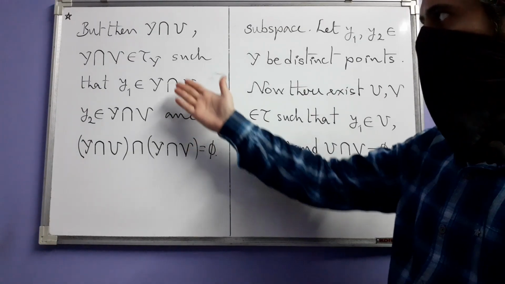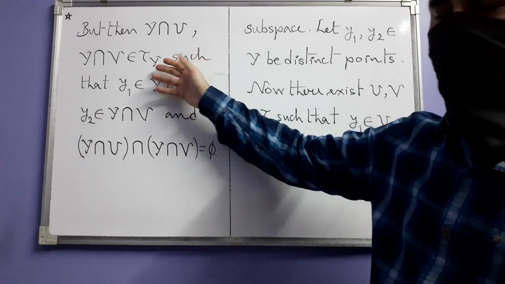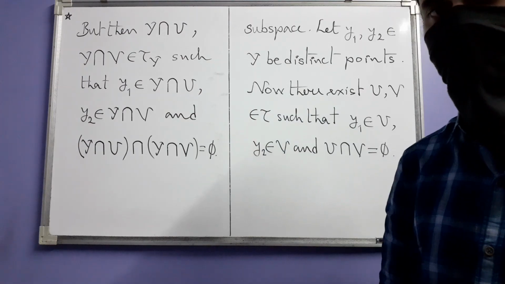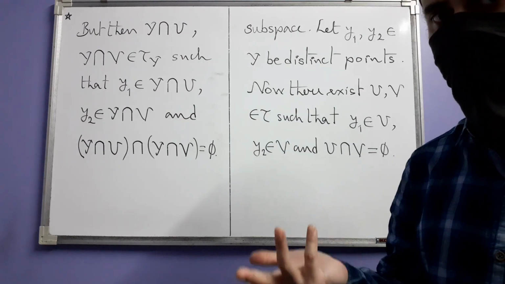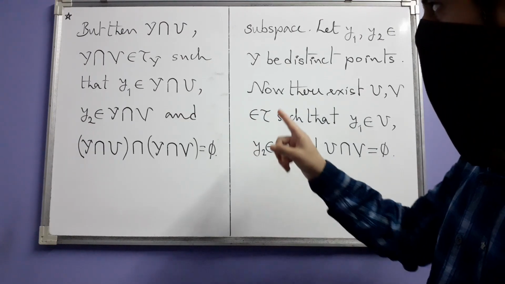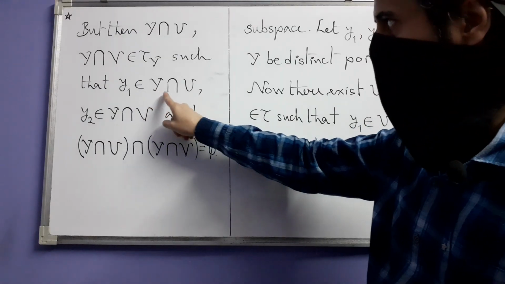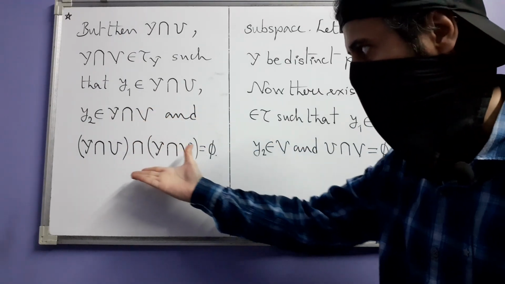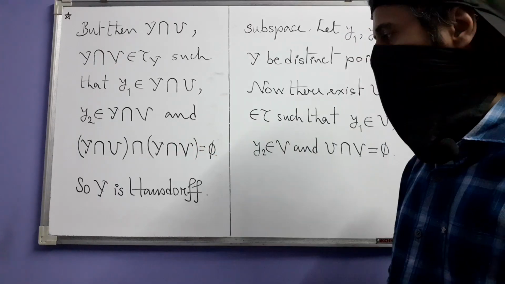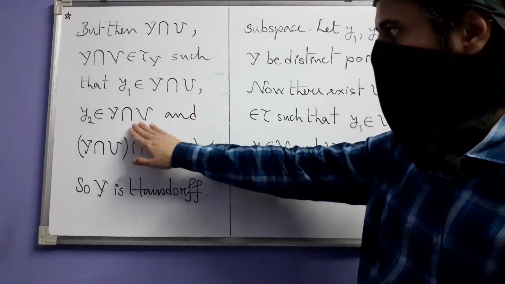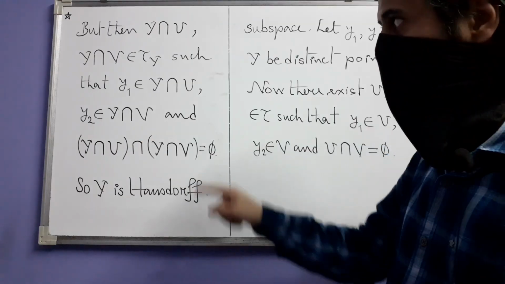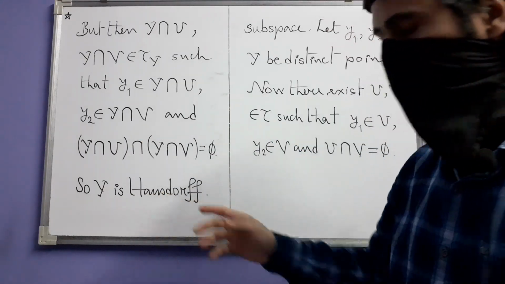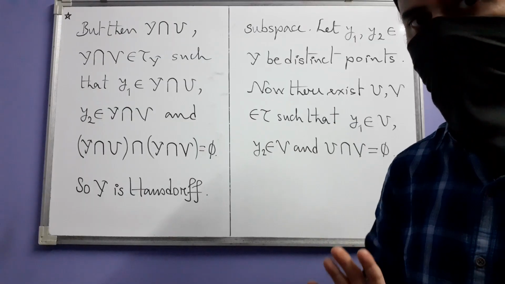But then by the definition of the subspace topology τ_Y, Y ∩ U and Y ∩ V are elements in it. That means they are open in the subspace topology such that y1 belongs to Y ∩ U, y2 belongs to Y ∩ V, and they are disjoint. That means we have found disjoint neighborhoods of y1 and y2 in the subspace, and that is why the subspace is also Hausdorff. So here the solution ends.